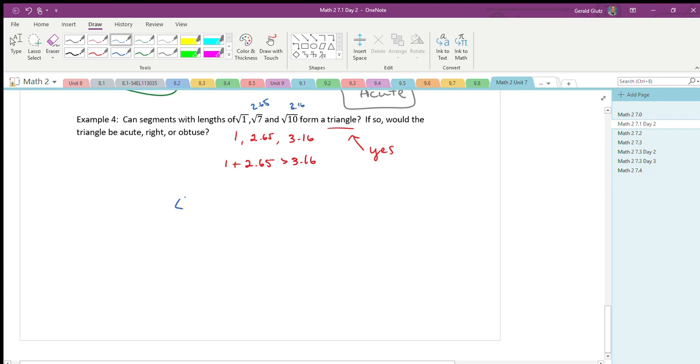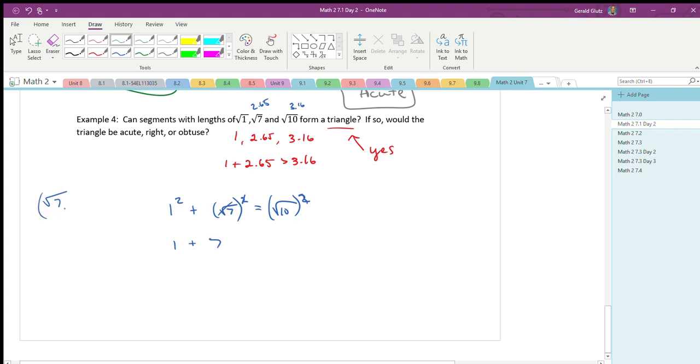So we have a squared plus b squared equals c squared. 1 squared is just 1. Square root of 7 squared: when you have a square root squared, those two just cancel each other out, so you get 7. Let me show you what this would look like.